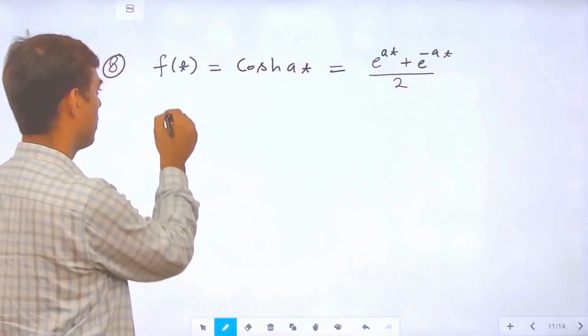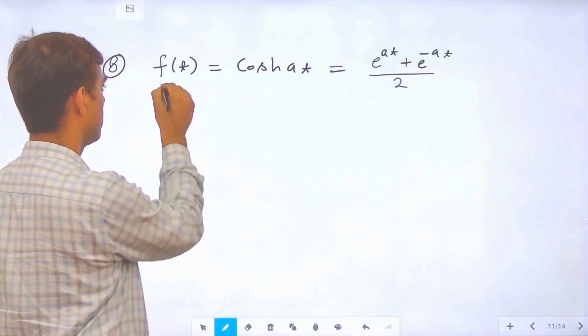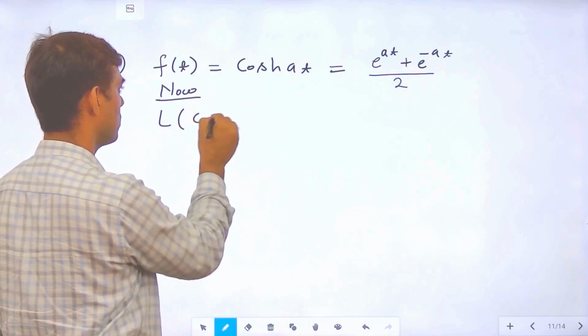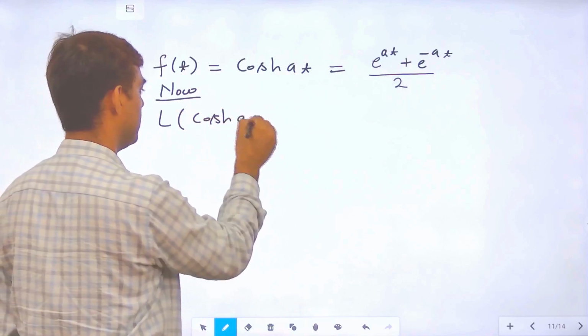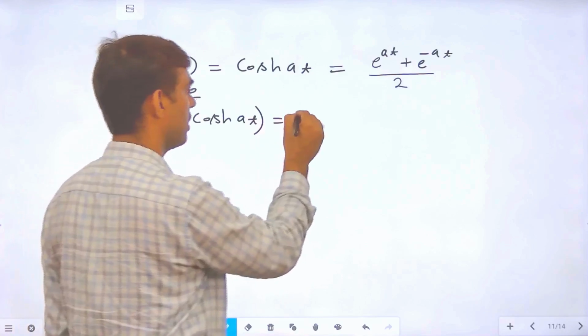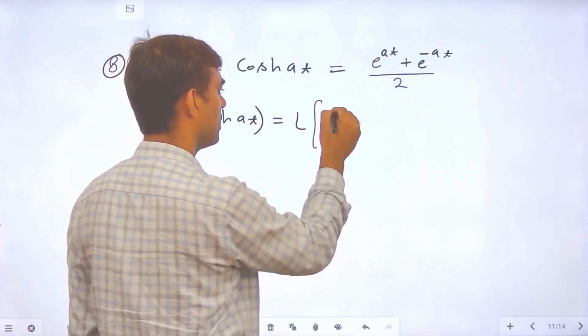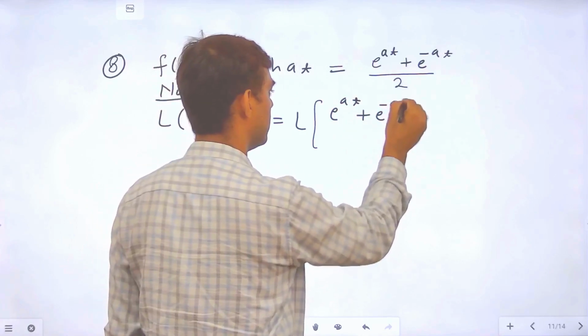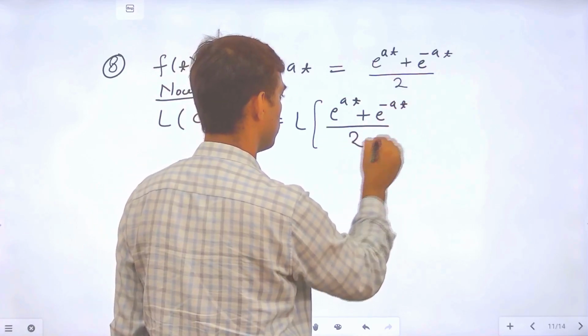So now the Laplace transform of cos hyperbolic at equals the Laplace transform of (e to the power at plus e to the power minus at) upon 2.